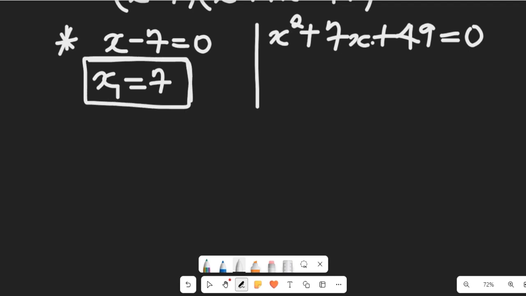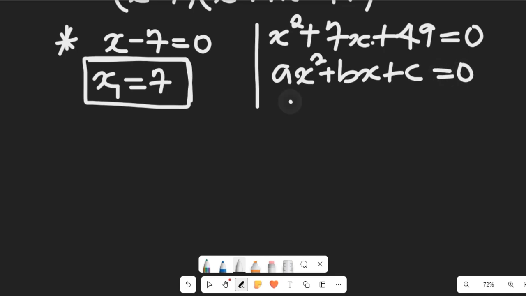Now, with this having a quadratic expression here, we can simply find the other two values, x2 and x3. From this quadratic expression, we can look at this as ax squared plus bx plus c equal to 0.